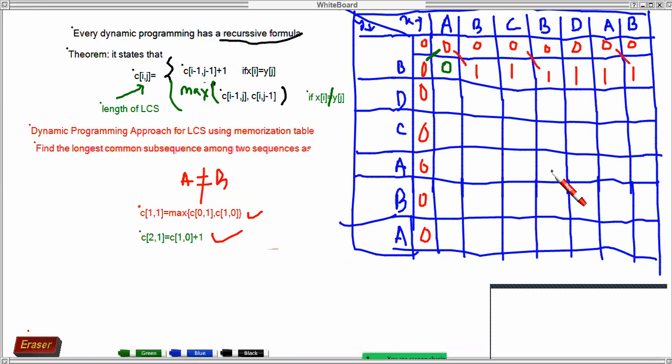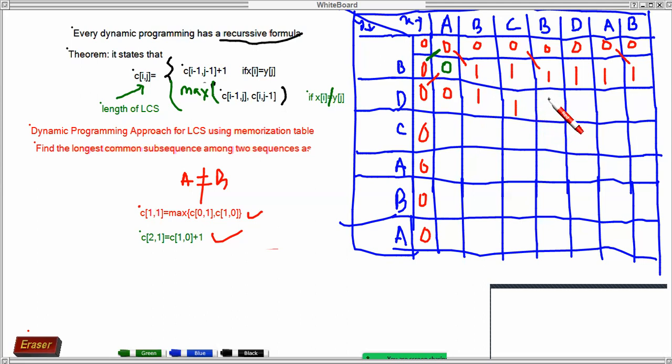Okay, fine. Next we'll go for the second row. B to A. D and A are not equal. Since they are not equal, what will we do? We'll compare this; the maximum is 0. D and B are not equal, the maximum of this will be 1. D and C are not same, so it will be 1.